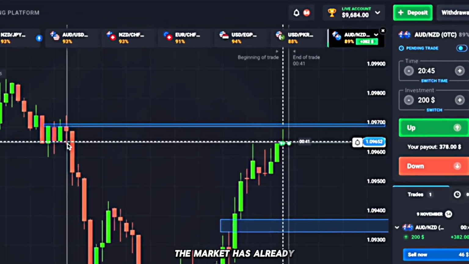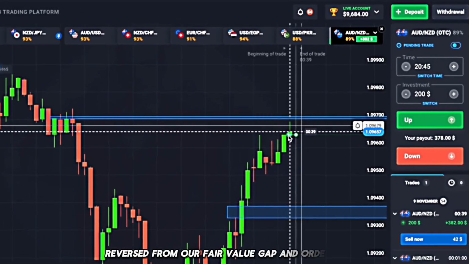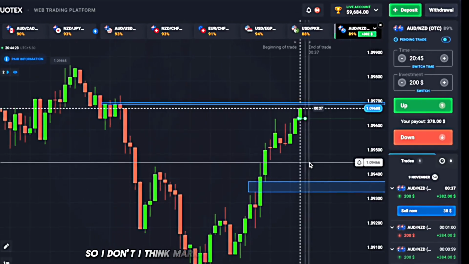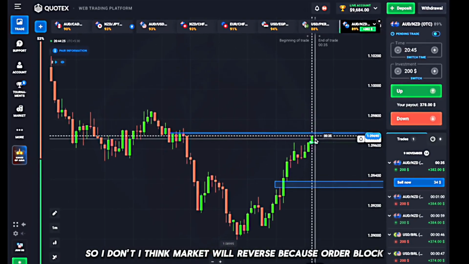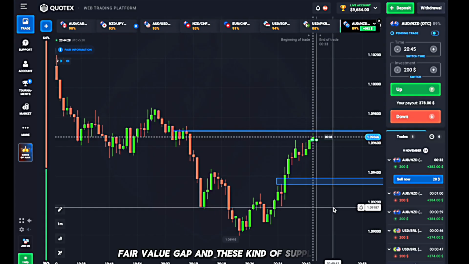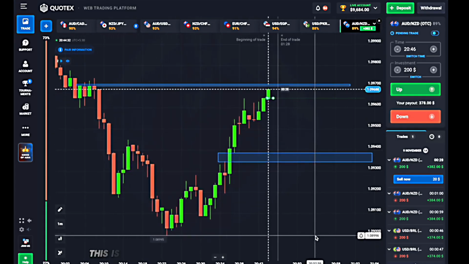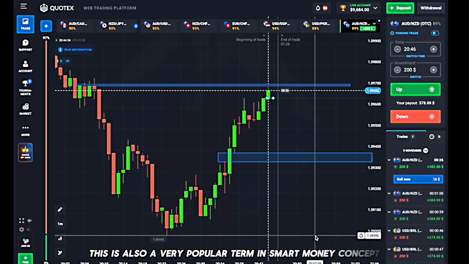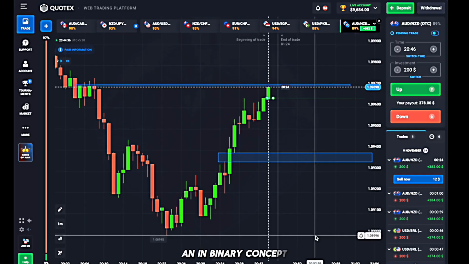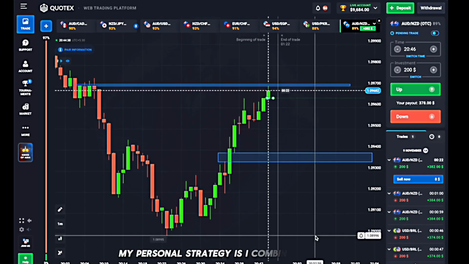The market has already reversed from our fair value gap and order block, so I don't think the market will reverse, because order blocks, fair value gaps, and these kinds of supply and demand zones are only used once. This is also a very popular term in smart money concept, and in binary trading, my personal strategy is I combine everything.